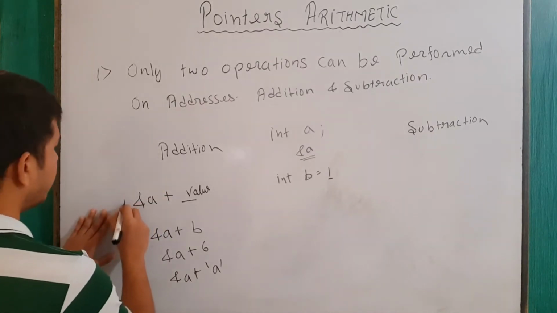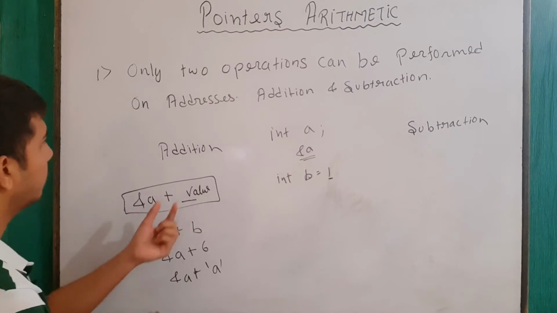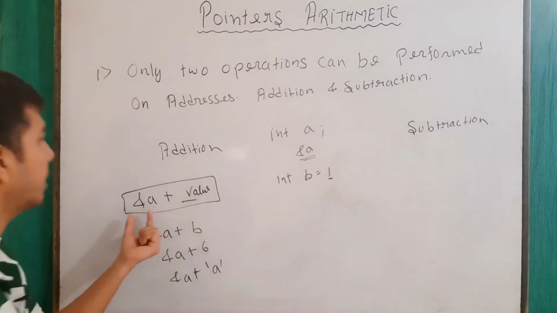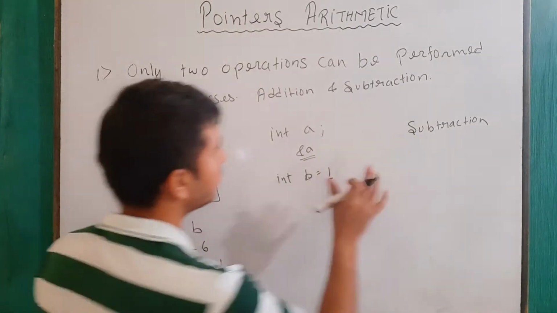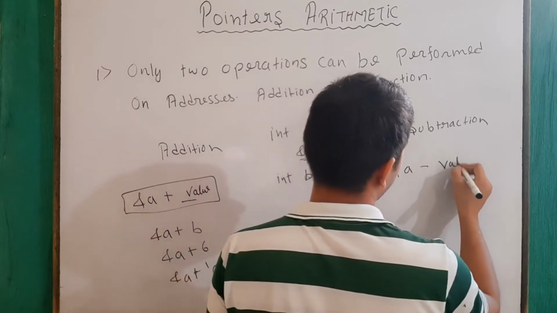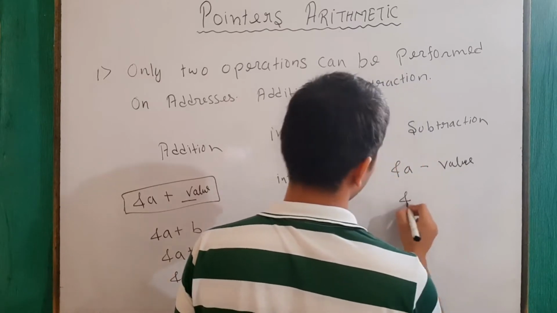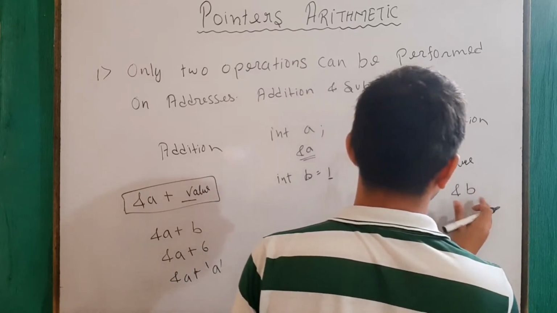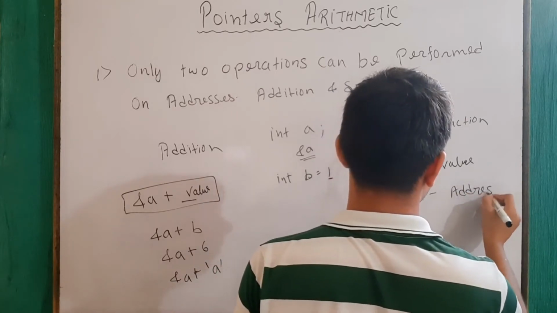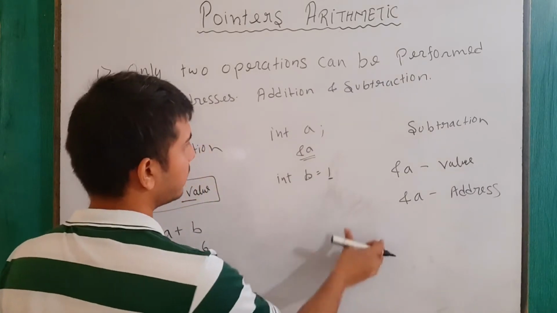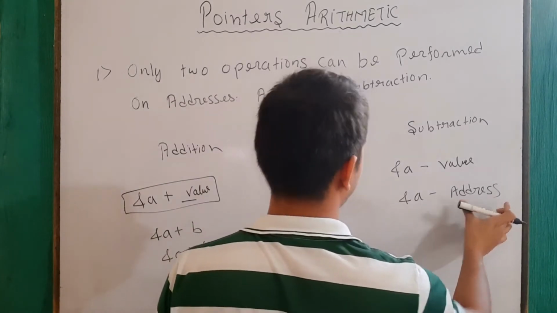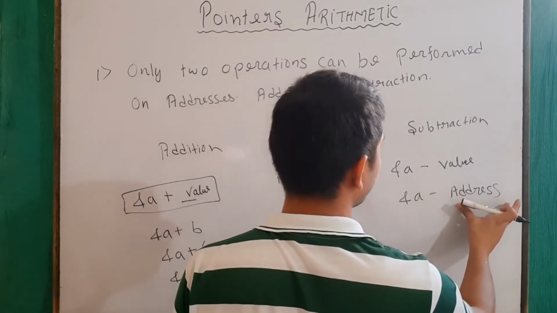Now the main thing is this one: when we do addition, only a value can be present here. Only a value can be added to an address. But in subtraction we see that a value can occur, and also any other address could come. Add a value or any other address. Address means if I am talking about a normal variable, then the address should be of a normal variable.